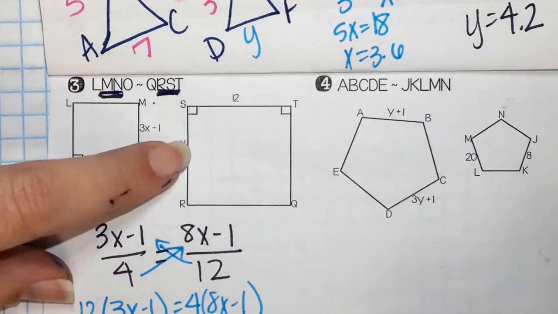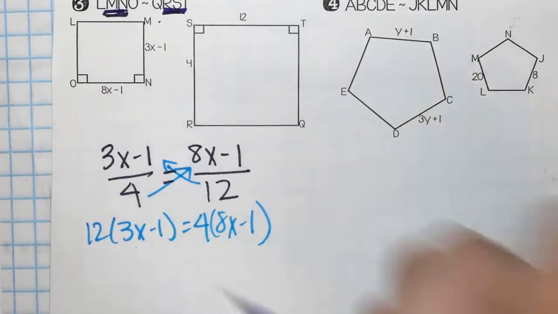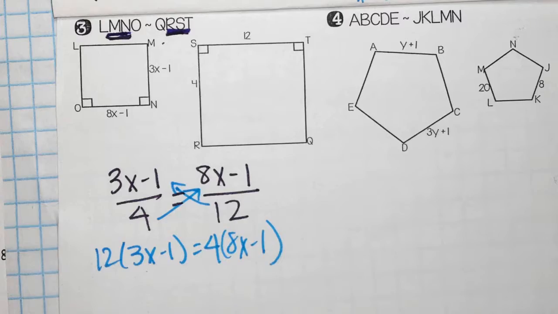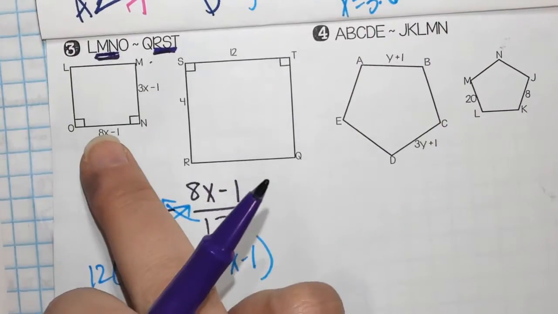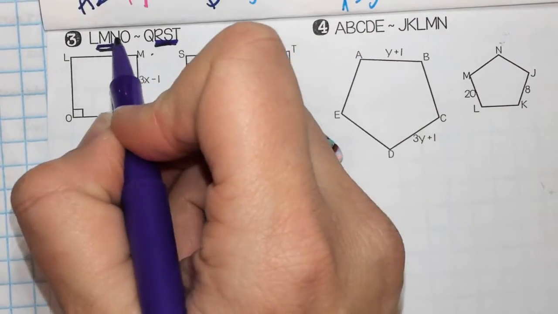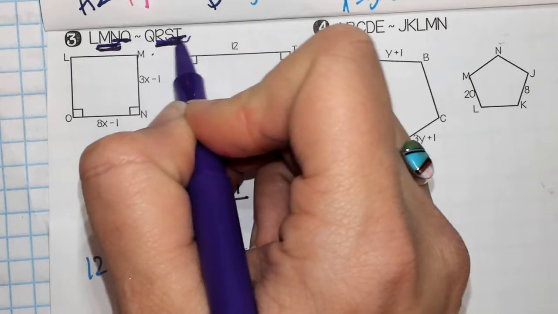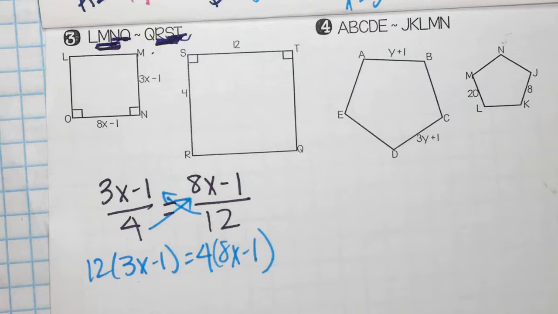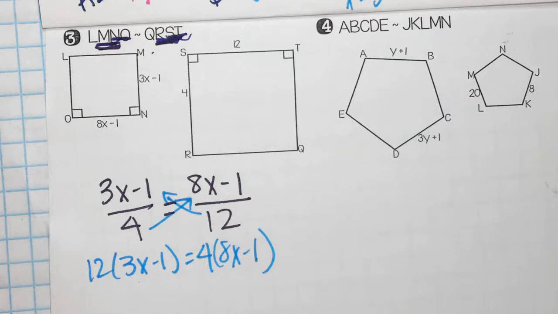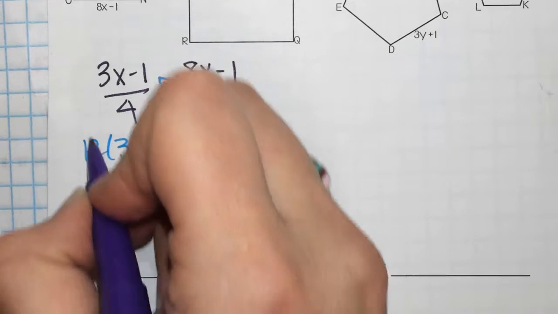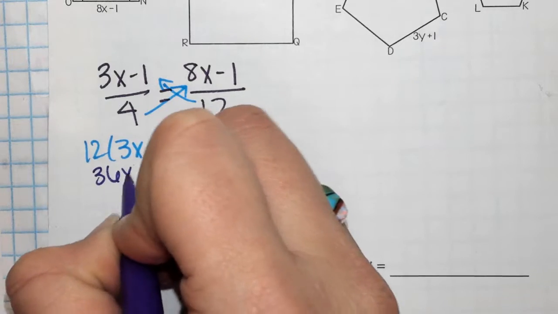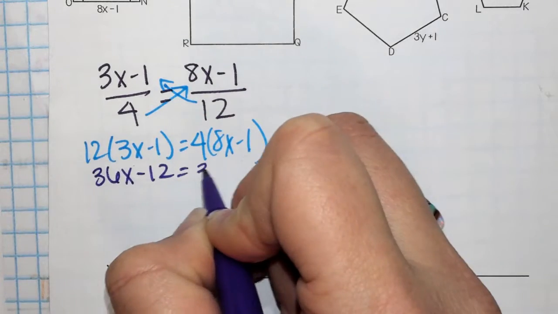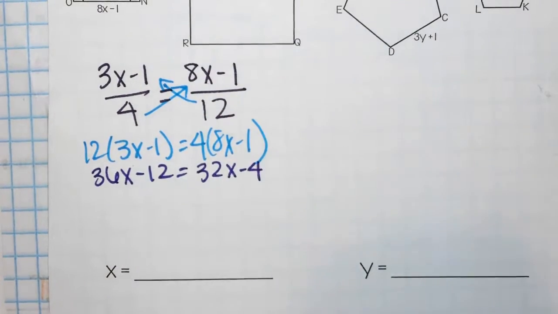So I put MN divided by RS, which is 3x minus 1 divided by 4. Okay? And then it also gives me ON. So I looked at ON, and that's proportional to ST. So I did 8x minus 1 divided by 12. And then I cross multiply. So once I get here, I distribute, and I get 36x minus 12 equals 32x minus 4, correct?